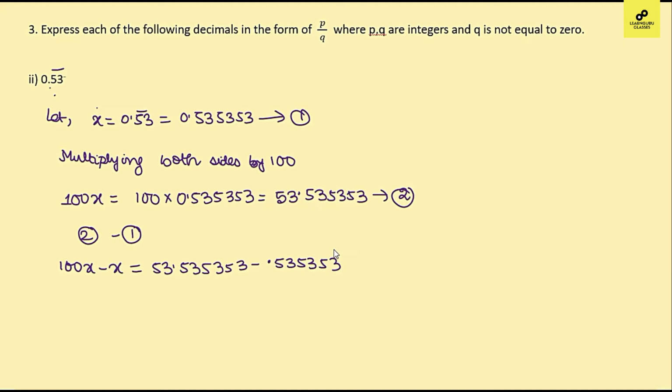As many 53's as you write here, the same you write there, it doesn't matter, because after subtraction the whole decimal part will come out to be 0. So 100x minus x gives 99x, and this will be 53. So x equals 53 by 99, which is the equivalent fraction for this decimal expansion.